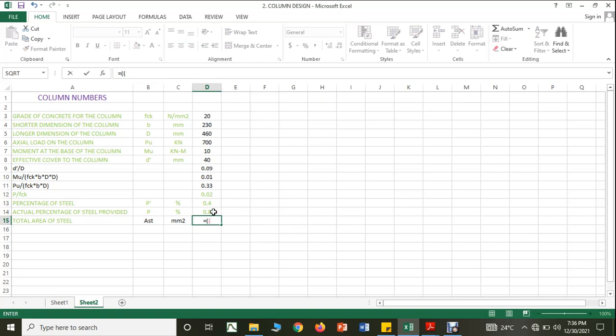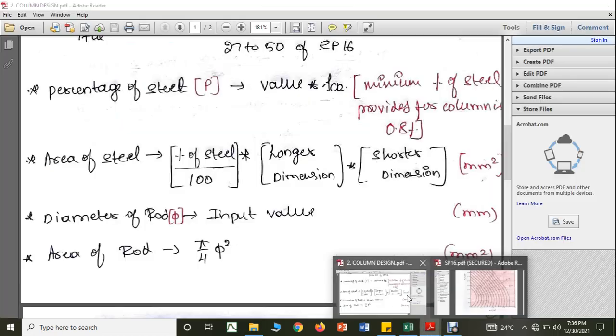It is 0.8 into this divided by 100. That will give you the total area of the steel, in mm square.